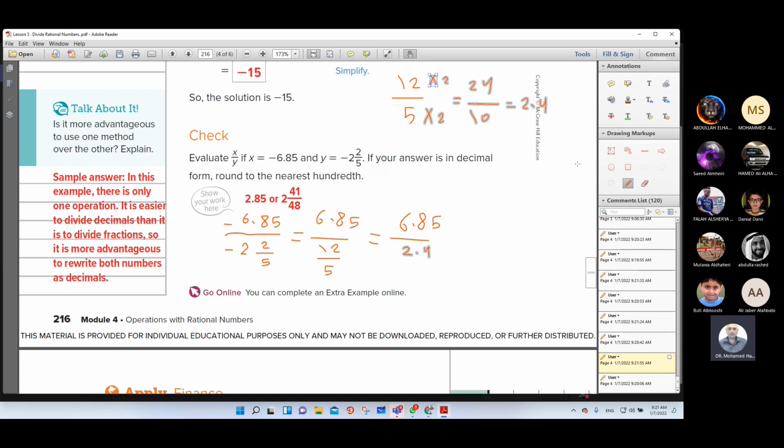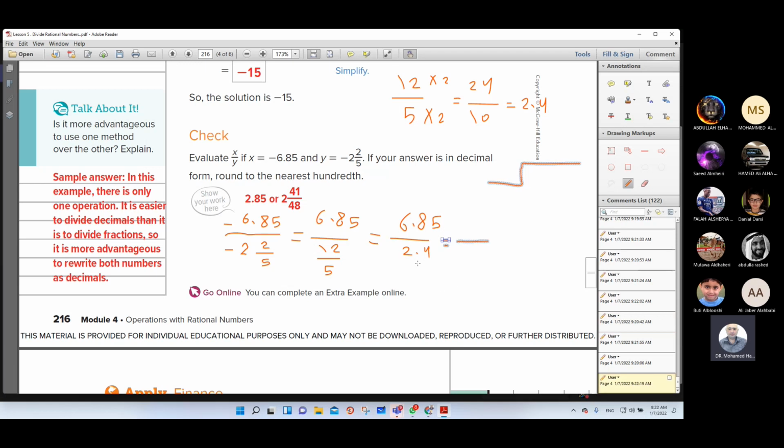Now you can do long division here. When you have a decimal point in the divisor, you cannot do long division. You must remove the point from the divisor. How to remove it? You can multiply up and down by 10.